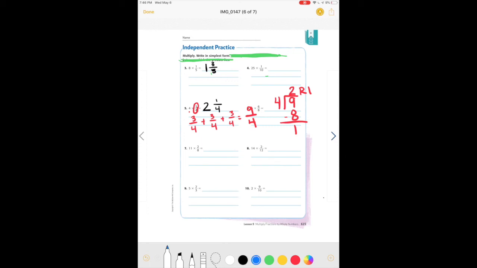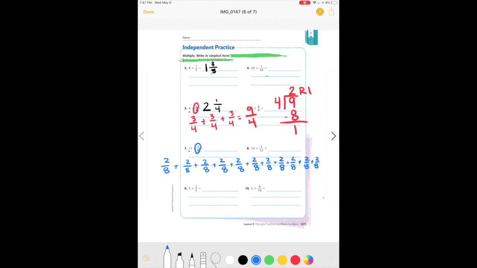Number 7, 11 times 2/8. So I'm working with 2/8, and I need to add it 11 times. 2/8. It's going to take me a while. 2/8, 2/8, 2/8, 1, 2, 3, 4, 5, 6, 7, 8, 9, 10, I'm going to move over here, 11.